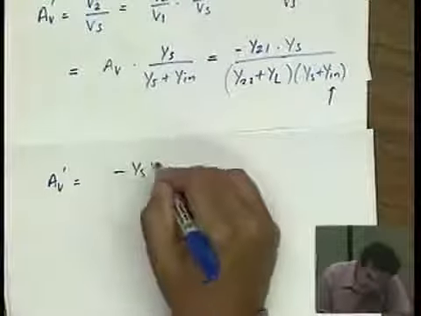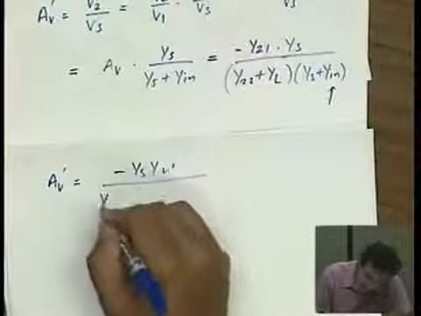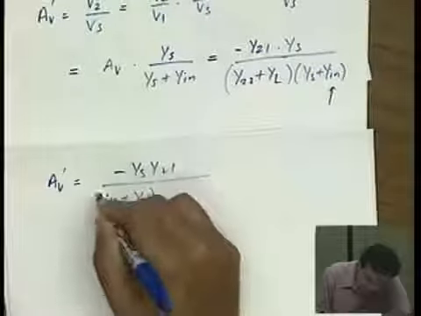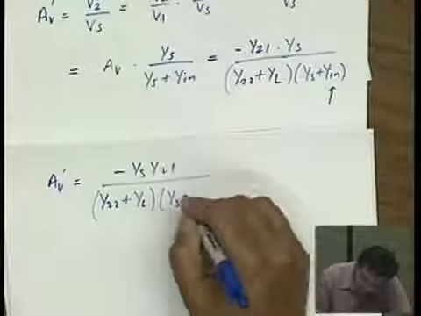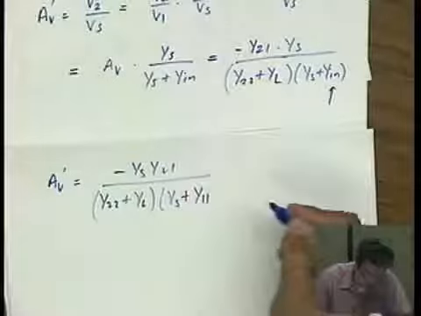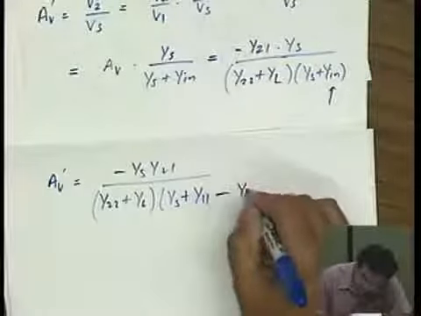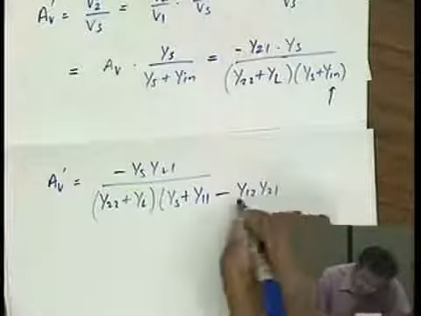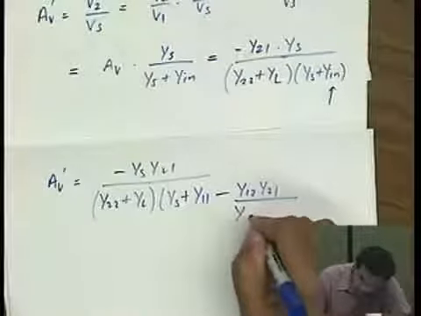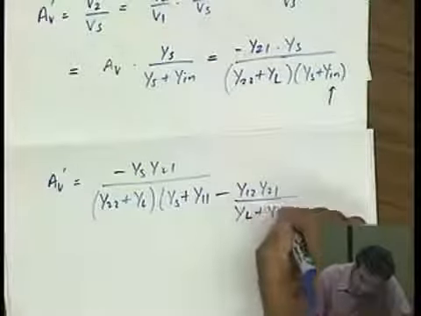I get minus Ys, Y21, Y22 plus YL, Ys plus Y11 minus Y12, Y21 divided by YL plus Y22.